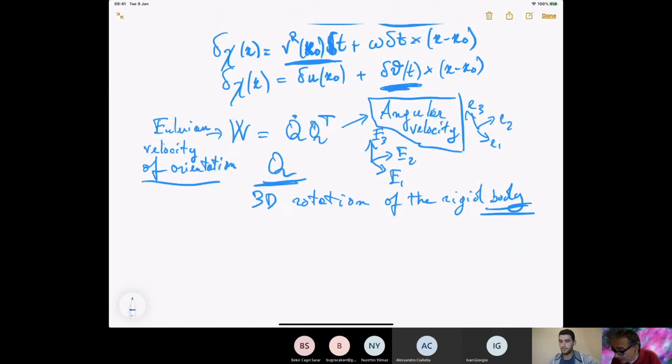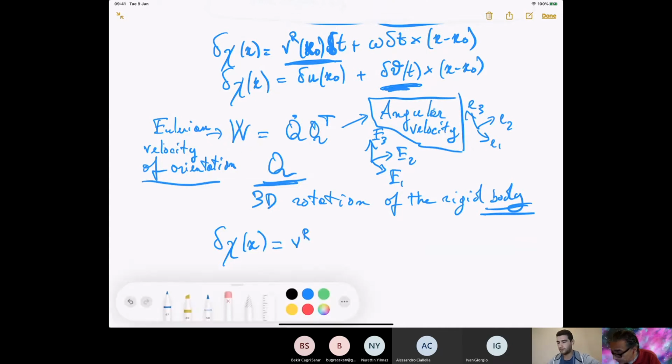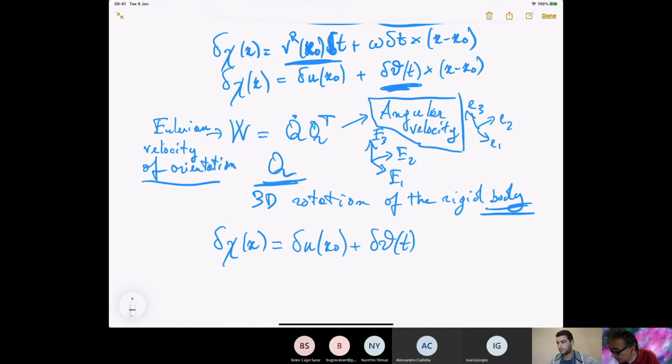So we have that delta chi of x equals delta u of x0 plus delta theta, of course, here you have t also, at our instant t, vector x minus x0.